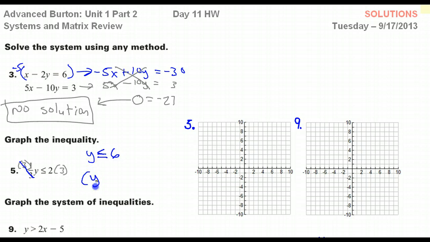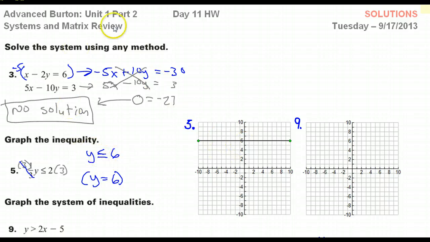If you remember about y equals 6, hopefully you remember that this is a horizontal line. Y equals a number is a horizontal line. So y equals 6 would be this line right here, a horizontal line at 6.